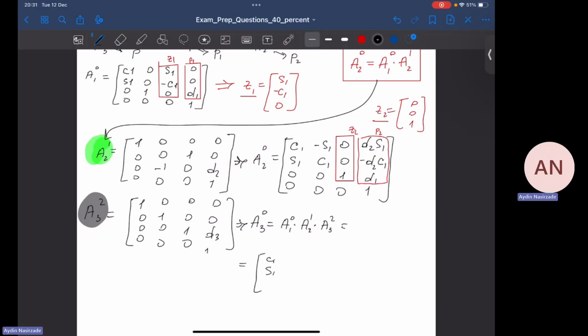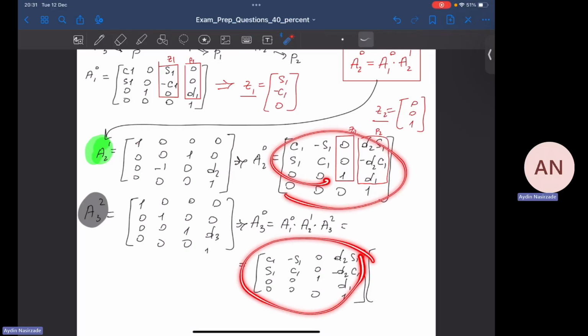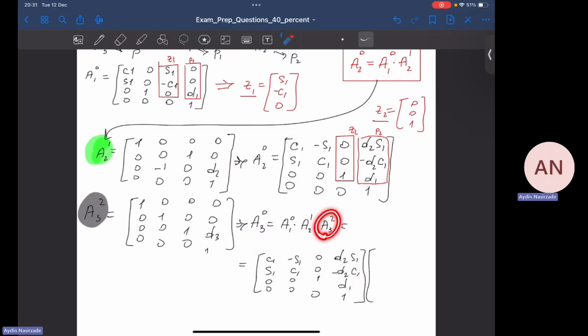So I know this one is going to be equal to C1, S1, 0, 0, minus S1, C1, 0, 0, 0, 0, 1, 0, D2 S1, minus D2 C1, D1, 1, times A3 to 2, which is this one: 1, 0, 0, 0, 0, 1, 0, 0, 0, 0, 1, 0, 0, 0, D3, and 1.